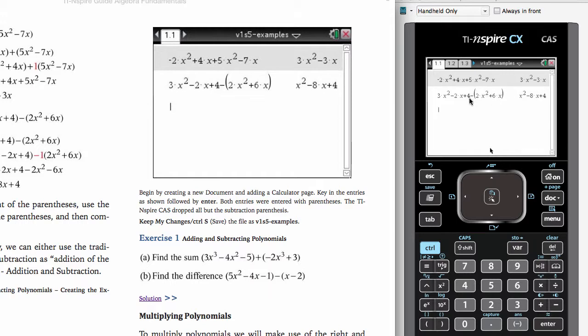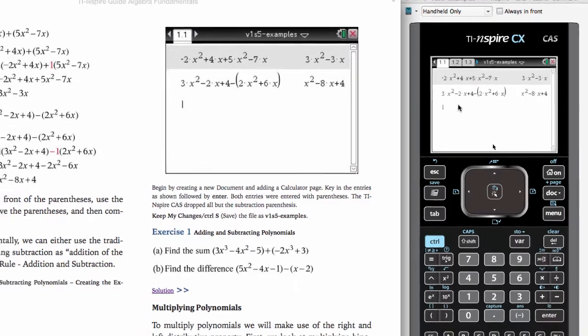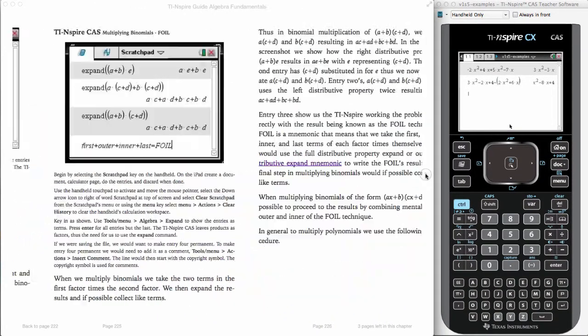On the second one where we're doing subtraction, again, when we press enter, the first set of parentheses are dropped, but the second parentheses stay because of the negative sign. And again, we come up with the same answer that we came up with when we did the problem manually. And this screen over here shows what's going on. Okay, let's go on to the next page.